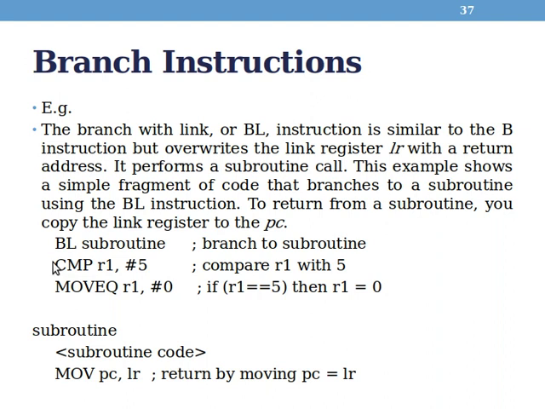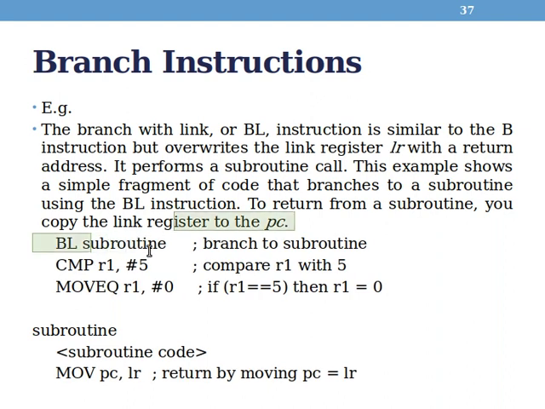This address is stored in LR, and that will be moved to PC. Whenever a branch instruction is executed, the subroutine's address is moved to PC. Now when you want to come back, LR's data must be copied onto PC so that it comes back here. I hope this slide is clear to all.